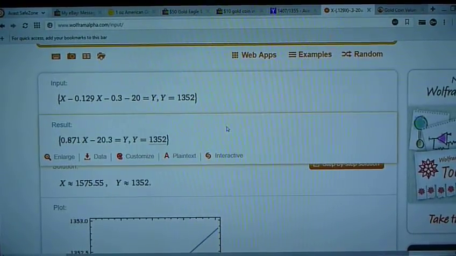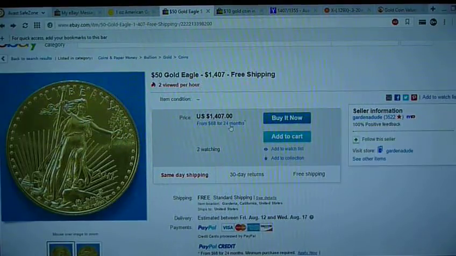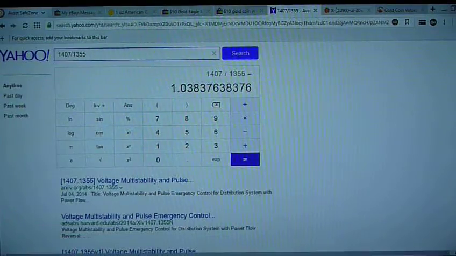The reason eBay does that is because there are people who'll take a $1,400 coin, and instead of doing free shipping, they'll charge $500 for shipping and $900 for the coin. And people were saying, oh well, shipping shouldn't take any percentage out of that. It's not like it's getting cheaper for the seller.